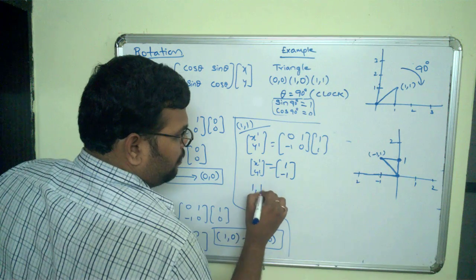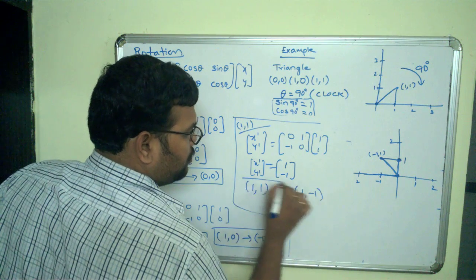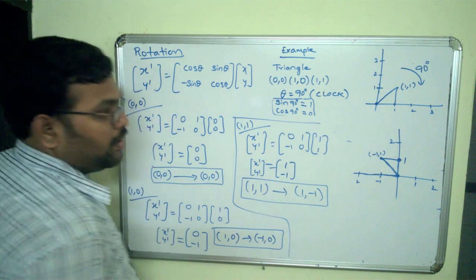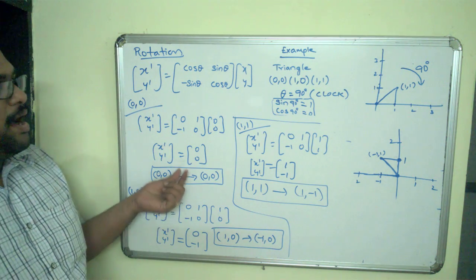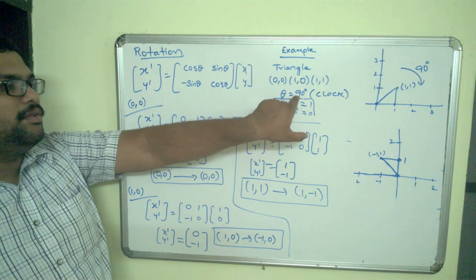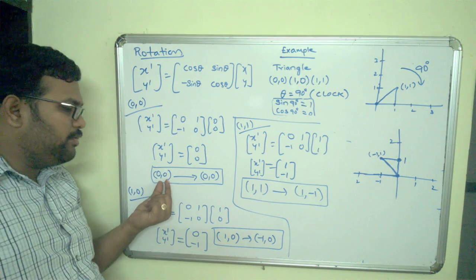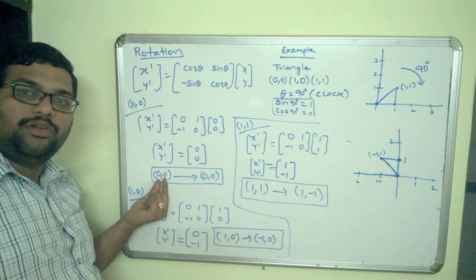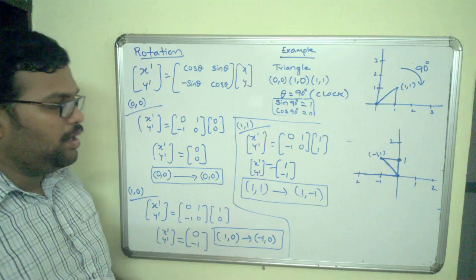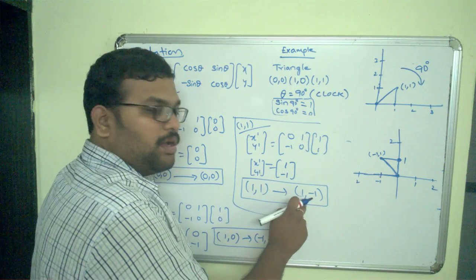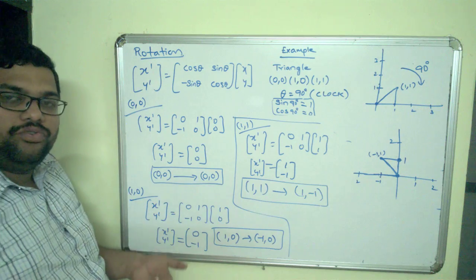So 1 comma 1 changes to 1 comma minus 1. So after rotating the same triangle through an angle 90 degrees in a clockwise direction, the coordinate 0 comma 0 remains same, 1 comma 0 becomes minus 1 comma 0 and 1 comma 1 becomes 1 comma minus 1. Now let us draw a graph for these new coordinates.